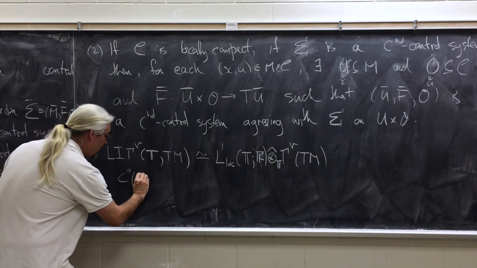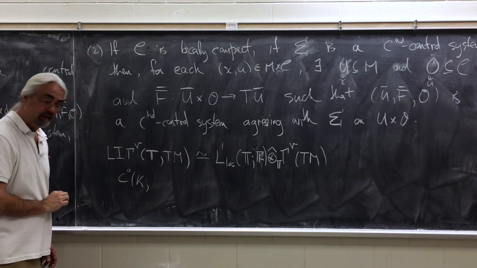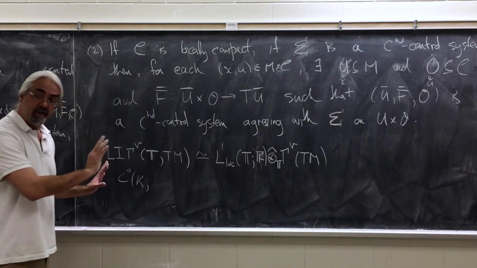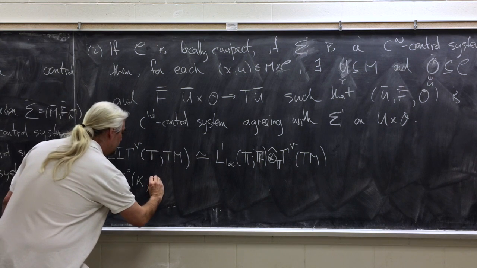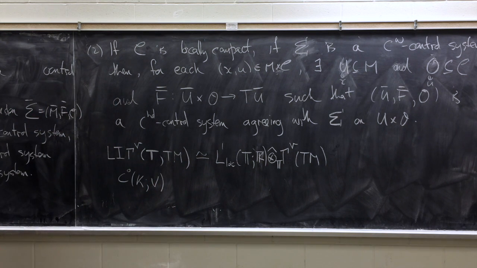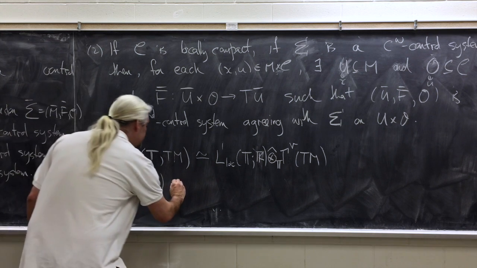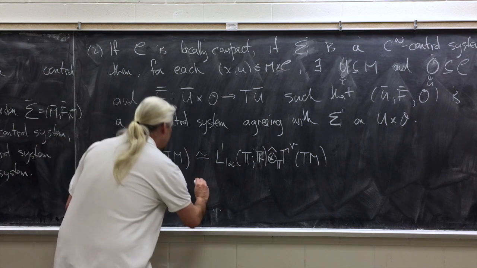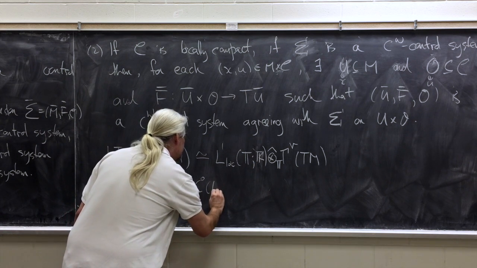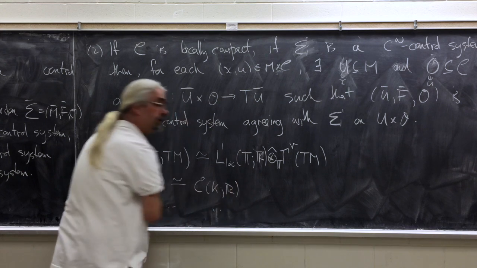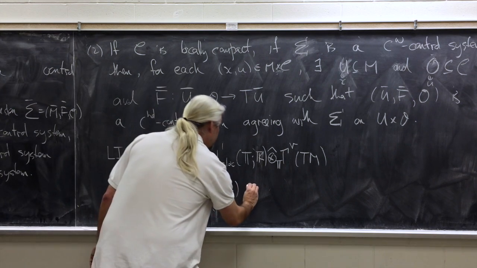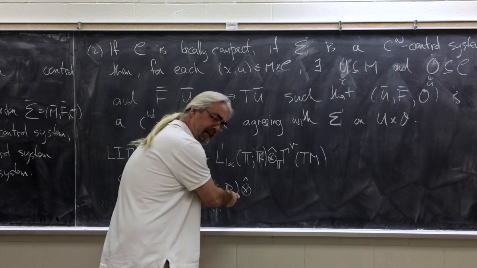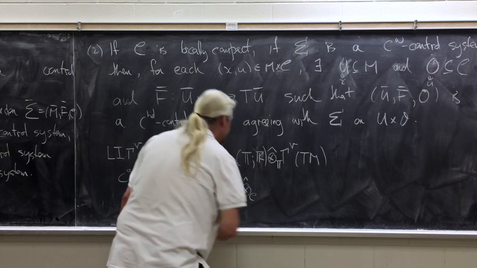From a compact set, K, into a, let me make it general to illustrate really where this is coming from, so into a locally convex space V. This is isomorphic to continuous functions on K, taking real values, tensored, but now it's actually a different tensor product, the injective tensor product.